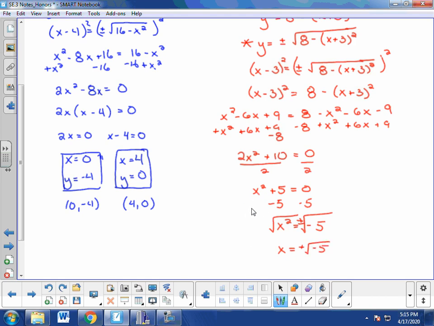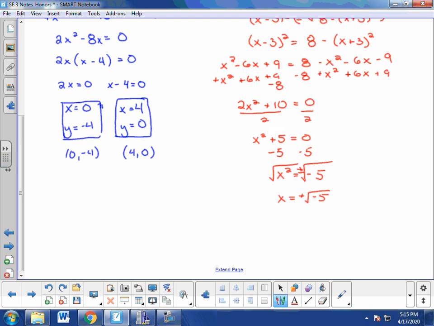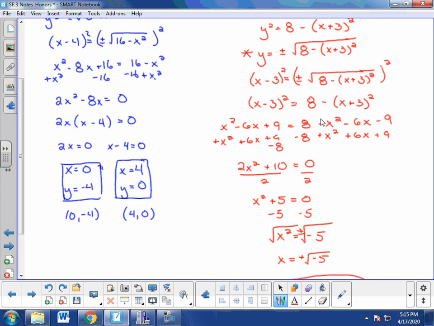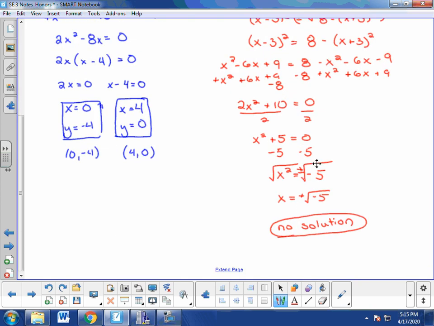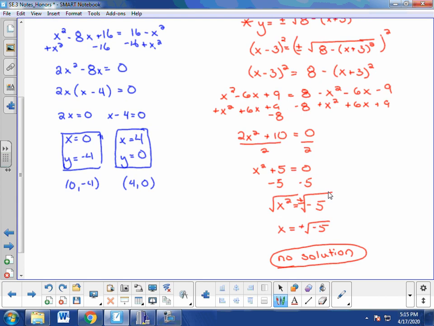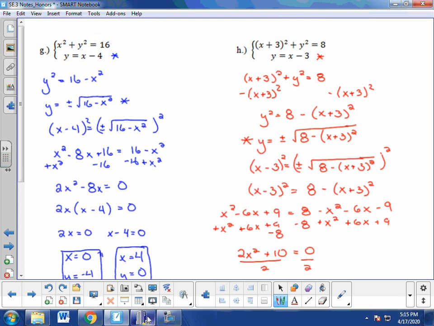There's a negative inside the square root. So we have no solution. So this specific system of nonlinear equations does not have a solution, because when we solve this correctly, again, apologize for the mistake, it gives us a negative inside of the square root. So imaginary answers are not going to be answers on the graph.